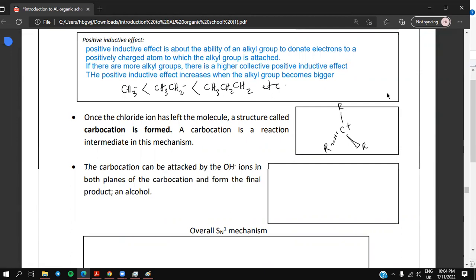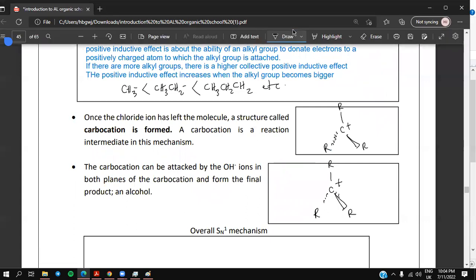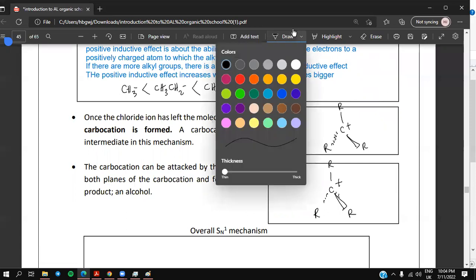Because this carbocation is planar, a nucleophile can attack this carbocation, the positively charged carbon center, in both directions, from the left-hand side and from the right-hand side as well.